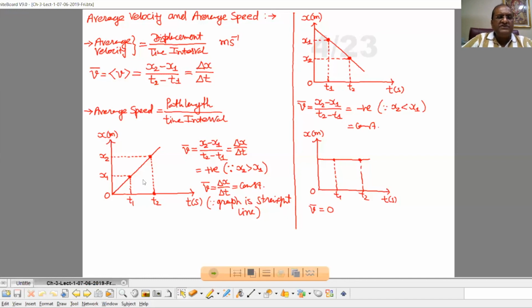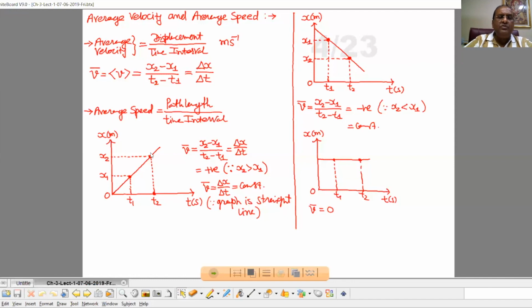Now, first think about the position versus time graph for an object moving with positive velocity, and that velocity is constant. So the graph will be a straight line, inclined at some angle with the time axis. Now at time t1, the position is x1.